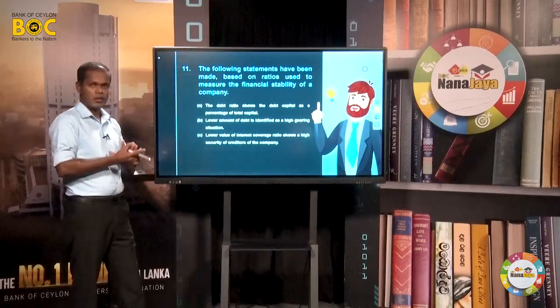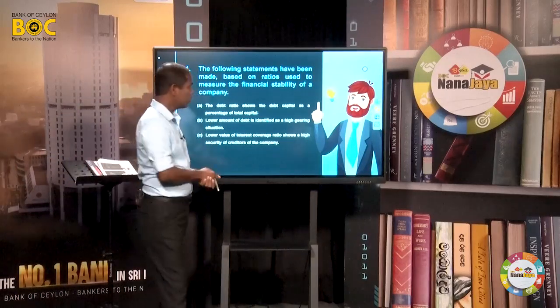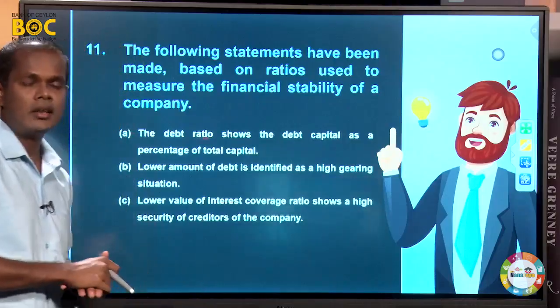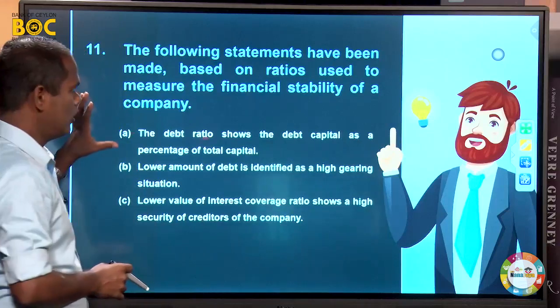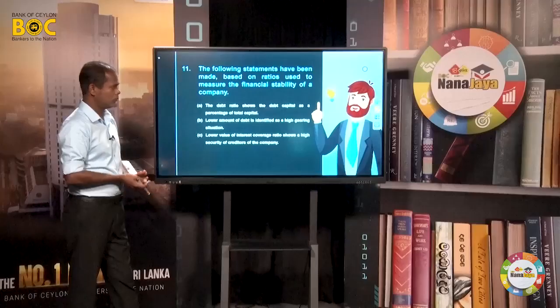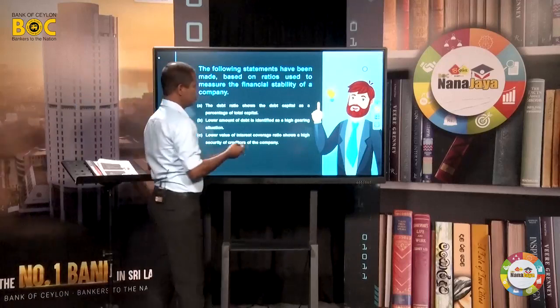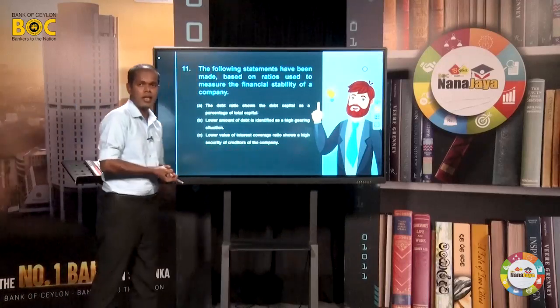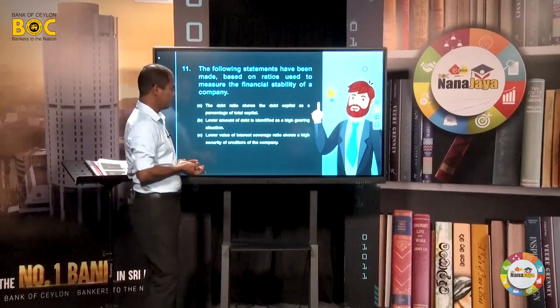You have financial stability ratios in the syllabus: debt ratio, equity ratio, and interest cover ratio. With these ratios, we learn the capital structure of the company: debt capital and owner's equity capital. Usually a business can be financed through debt and equity.